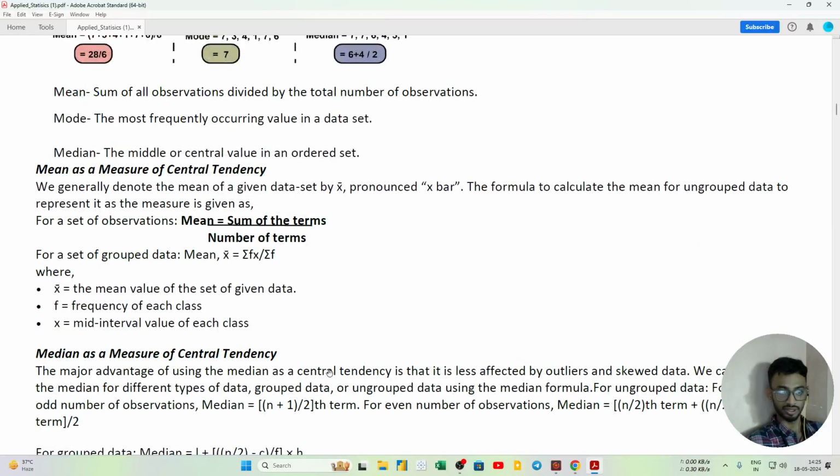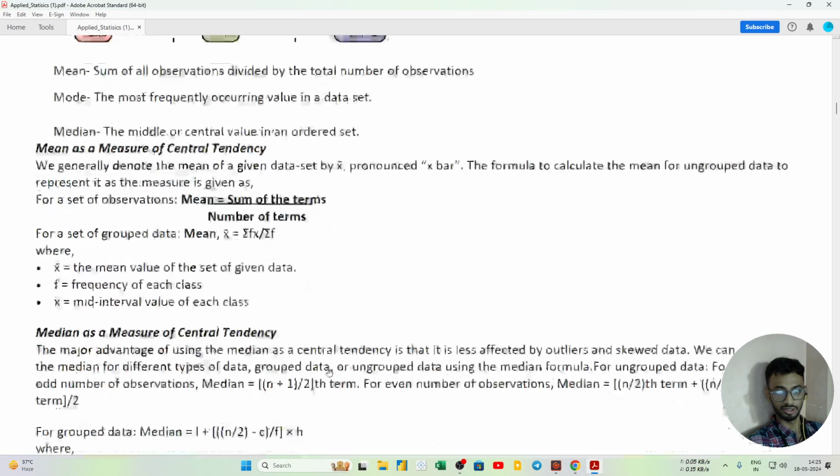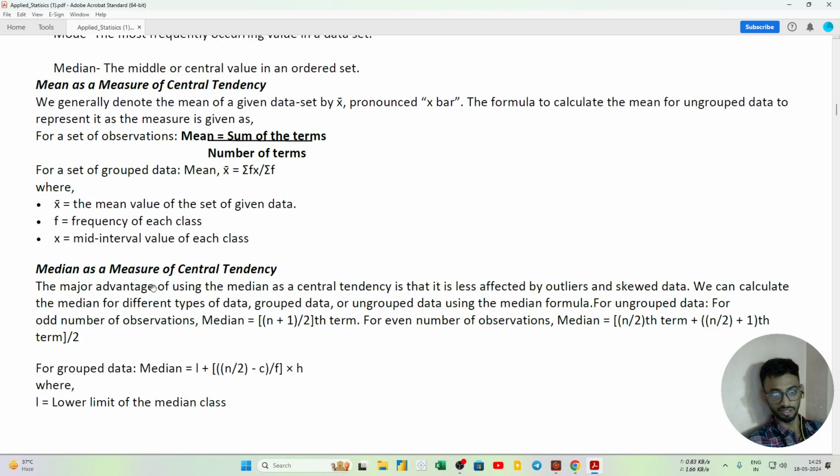And one more thing I want to discuss. The major advantage of using median as a central tendency is that it is less affected by outliers and skewed data. We can calculate the median for different types of data, grouped data and ungrouped data, using the median formula.